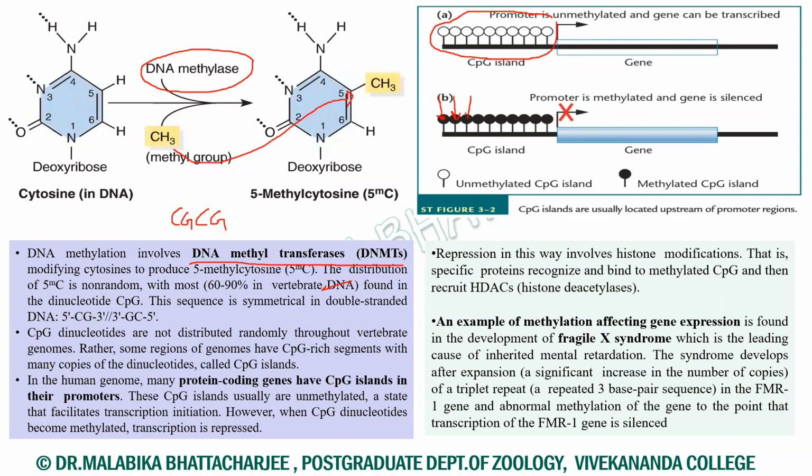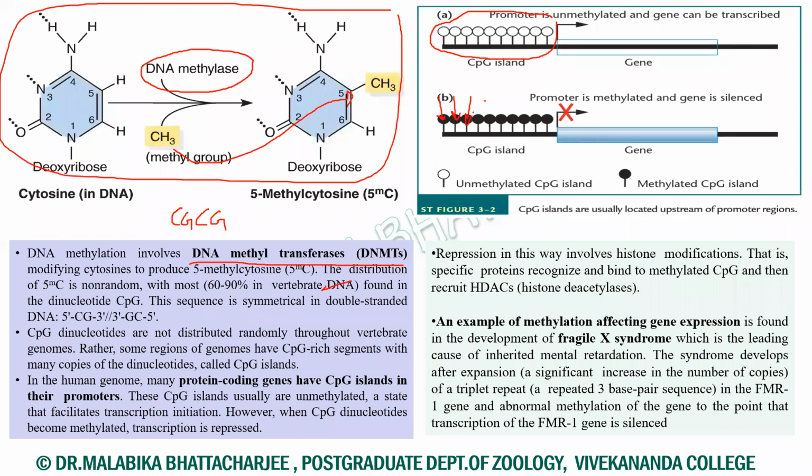You see, this is the chemical reaction in which the methylation has occurred. It is adding methyl groups to the 5' carbon of cytosine. And the moment methylation has been added to the CpG island, RNA polymerase will not be able to come and sit on the promoter.